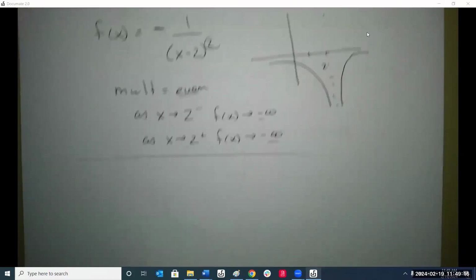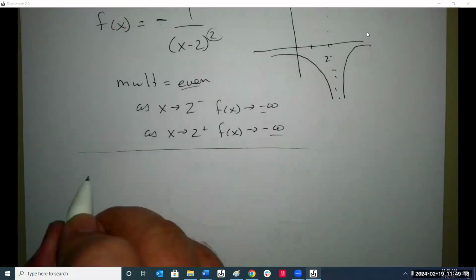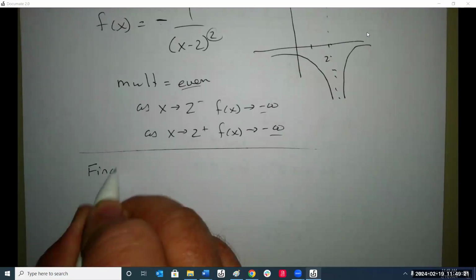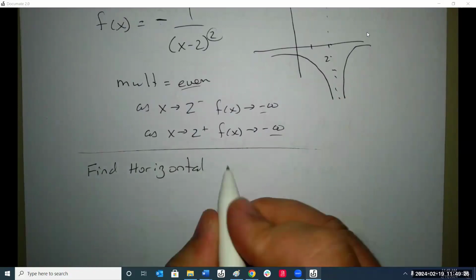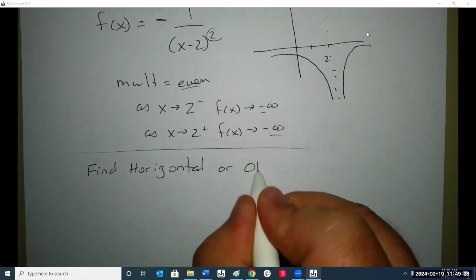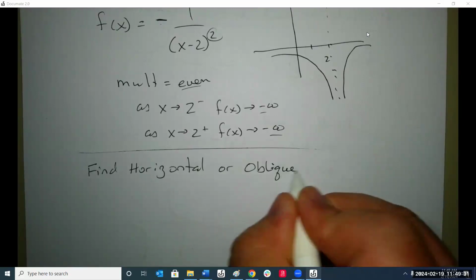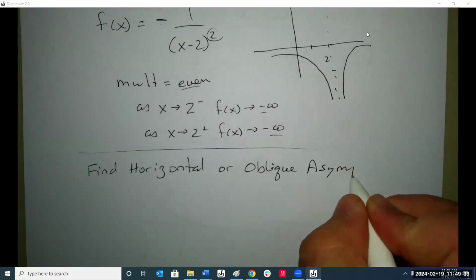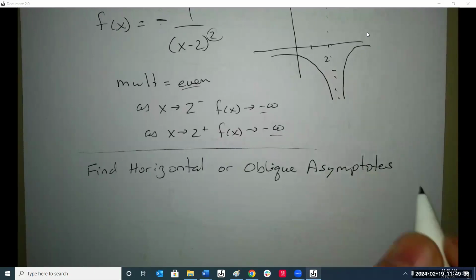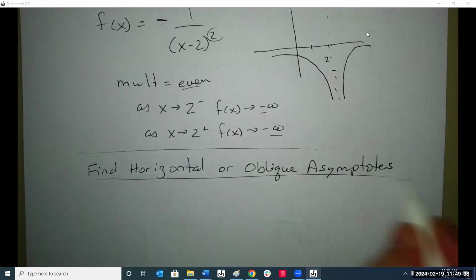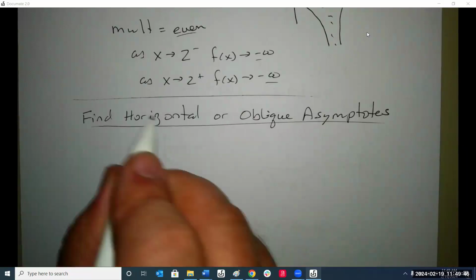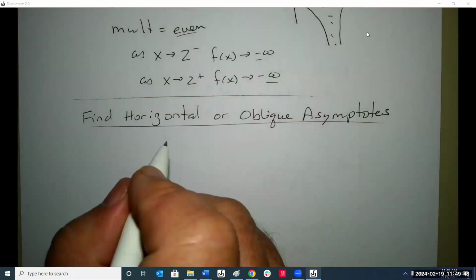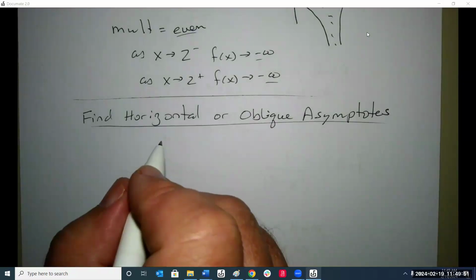All right, now let's look at horizontal asymptotes or oblique asymptotes. Now, horizontal asymptotes, you can only have one.